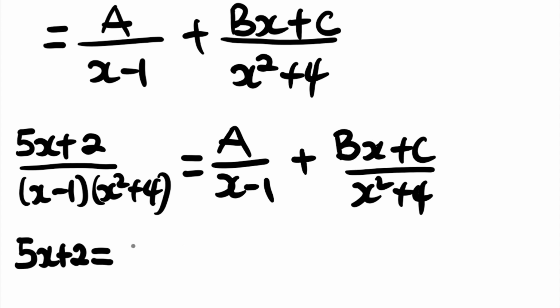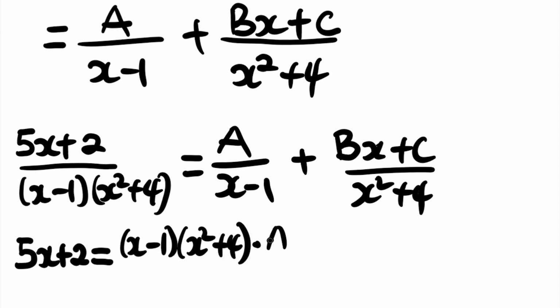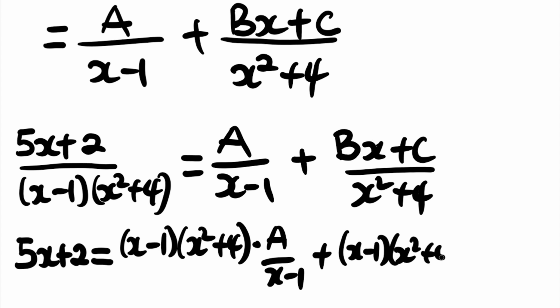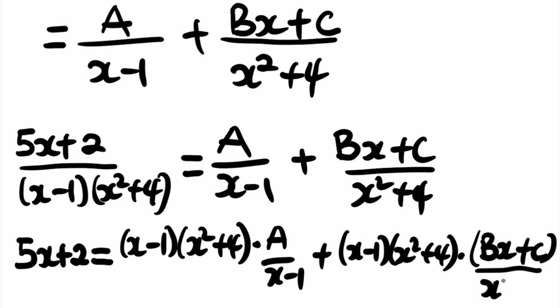So we have 5x + 2 equals (x - 1)(x squared + 4) times A over (x - 1), plus the same denominator (x - 1)(x squared + 4) times, let me put this in bracket because it's one set, (Bx + C) over (x squared + 4).